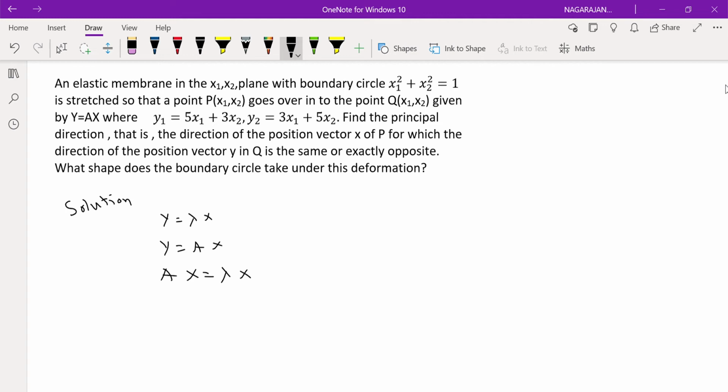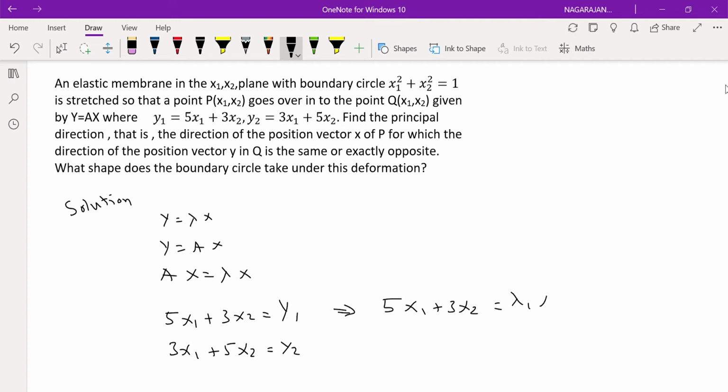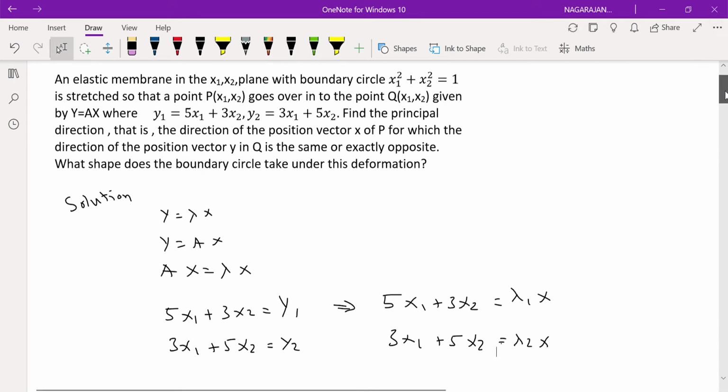Equations: 5x1 plus 3x2 equal to y1, 3x1 plus 5x2 equal to y2. From this we can write 5x1 plus 3x2 equal to lambda x1, 3x1 plus 5x2 equal to lambda x2, because y is equal to lambda x.